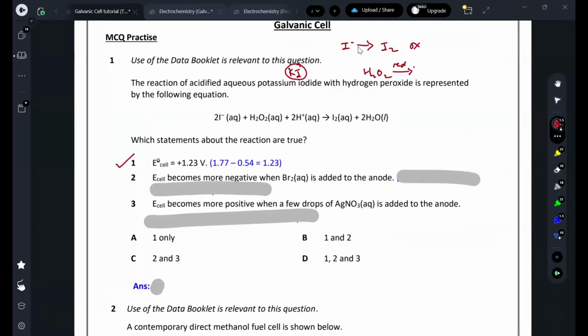How about statement 2? E naught cell becomes more negative when bromine is added to anode. So where's the anode, guys? Anode is oxidation, right? So it's added to the iodine half cell. What do you think happens when you add Br2 to I minus?